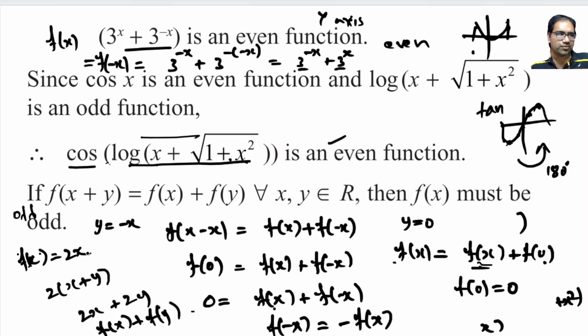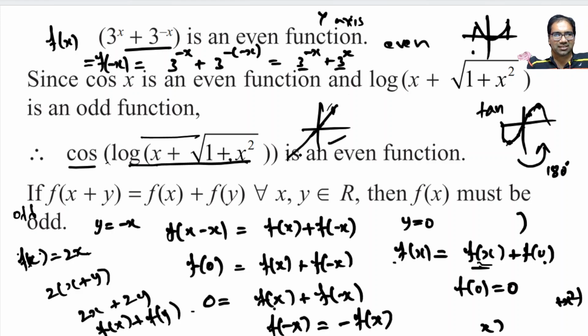So basically, a function something like this is a straight line function, and it is passing through the origin. Obviously, this is an odd function, right, guys?